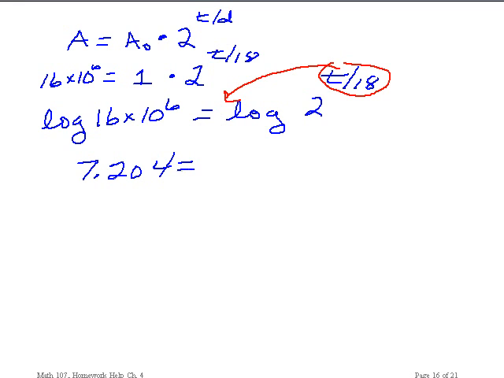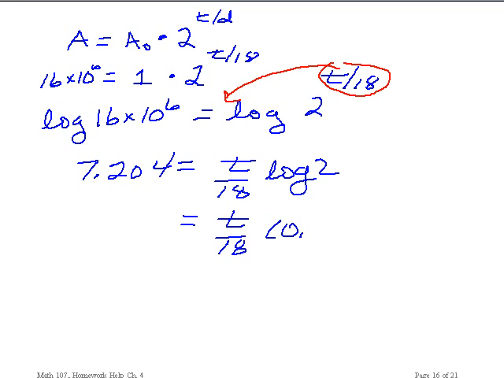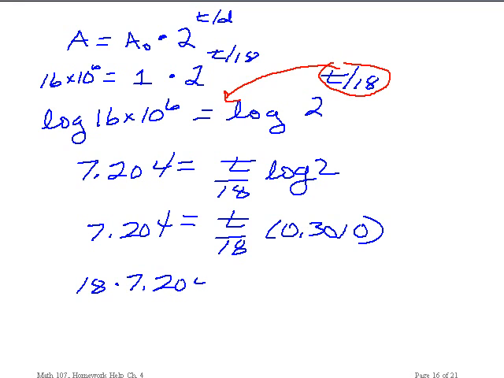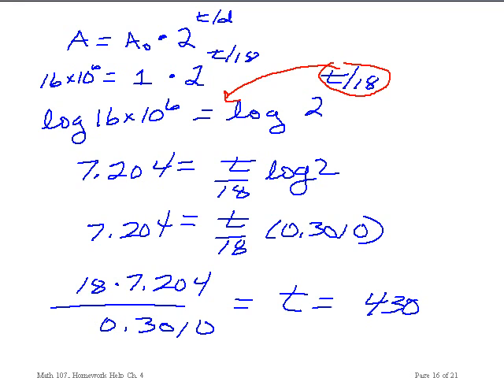And now I have t divided by 18 times the log of 2, but I know what the log of 2 is. That's t over 18 times 0.3010, good enough, 7.204. And now I've got 18 times 7.204 divided by 0.3010, and that's the time it should have taken under the rule, and that turns out to be 430.8 months. Okay, the prediction was 492. I would say that's pretty good.